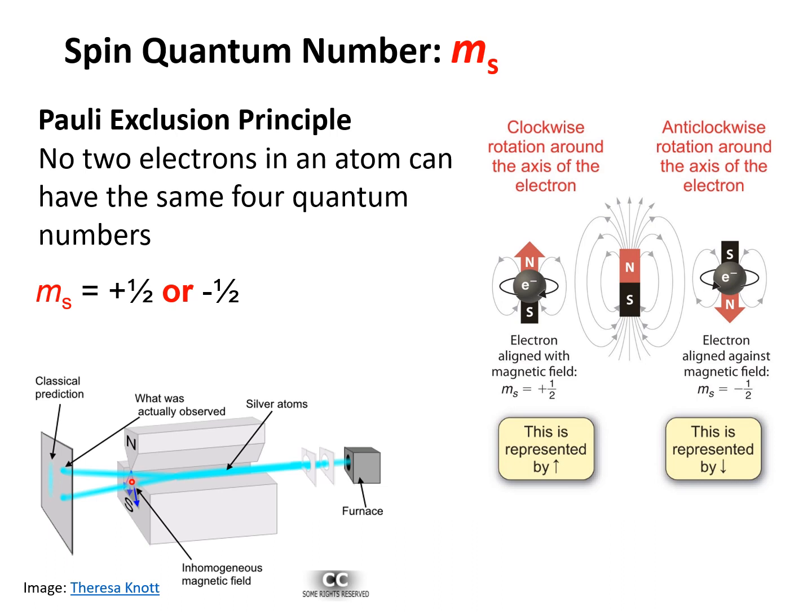You would expect those atoms, which are all identical, to be deflected by the magnet in all the same direction. However, what actually happens is half the atoms are deflected down and the other half are deflected up. So what could be causing this?